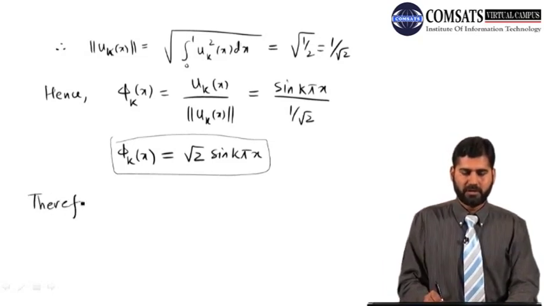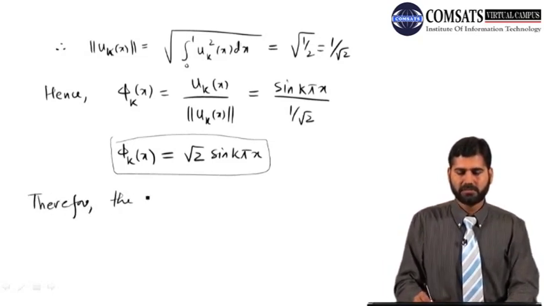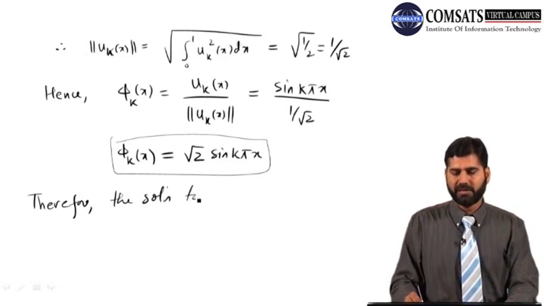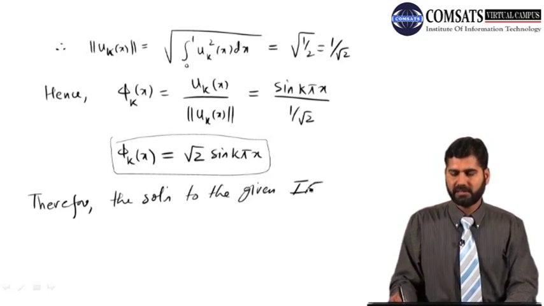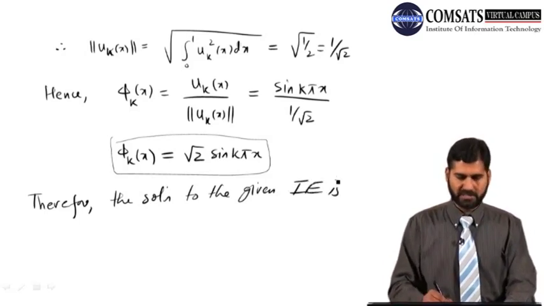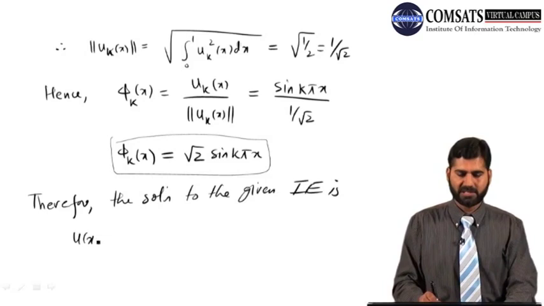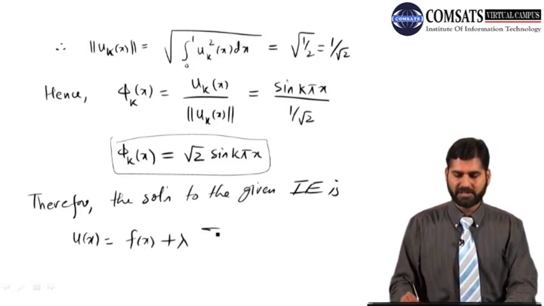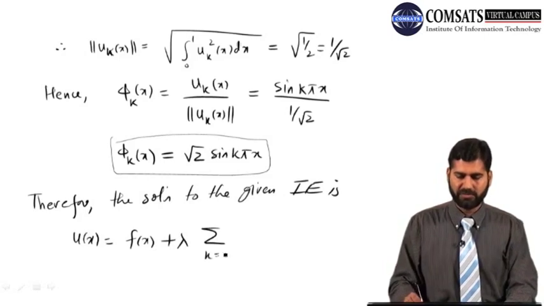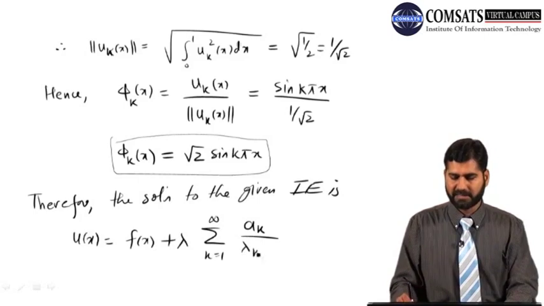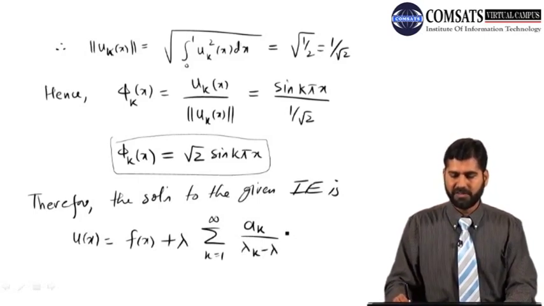So therefore, the solution to the given integral equation is, so what is the solution? The solution is u(x) equal to f(x) plus lambda summation k goes from 1 to infinity a_k divided by lambda_k minus lambda, times phi k of x.